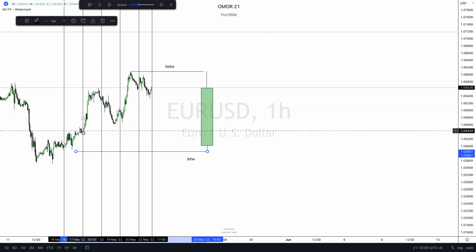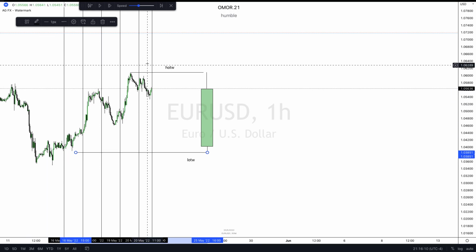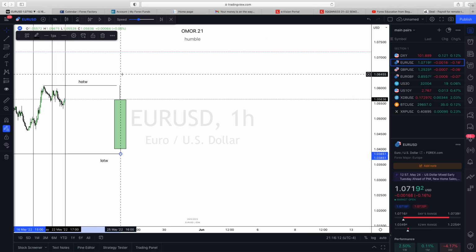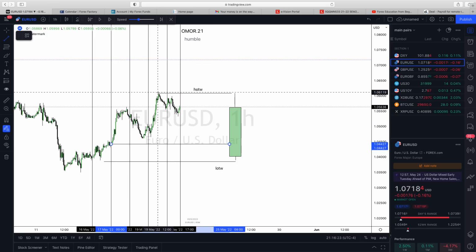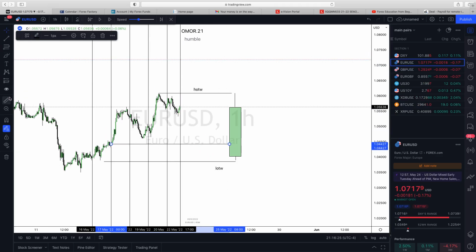Look at the move from Tuesday, right? If I go off here, and I just get, look at this trend line. So essentially this is the trading for Tuesday. From Tuesday to the high of the candle was 165 pips.